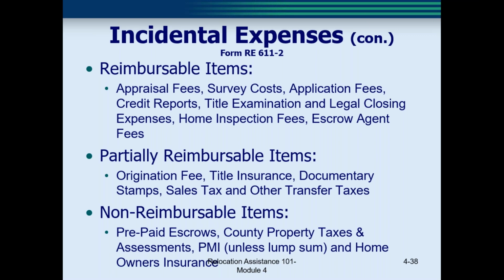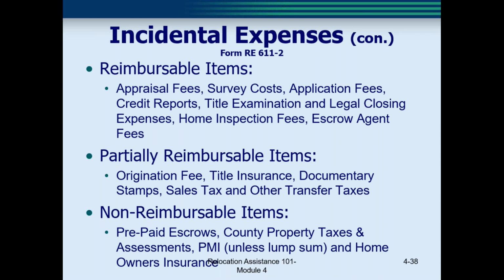One of the potentially partially reimbursable costs would relate to title insurance. Title insurance protects against the financial loss resulting from claims arising out of defects in the title of the real property. These are defects that existed but were undisclosed when the title company issued the policy. So here's an example.